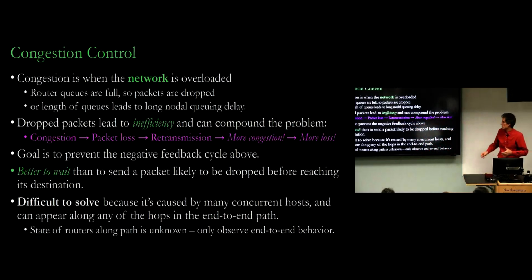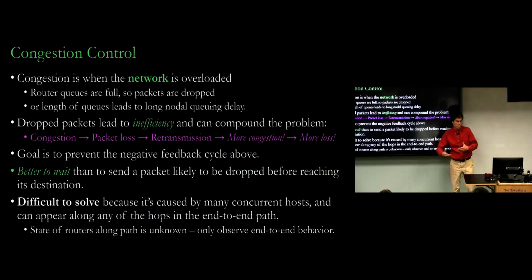If you have congestion, that by definition means you have packet loss. You have too much data on the network, so packets are dropped. TCP will react by retransmitting data, which means you have even more data on the network, more congestion, and more loss. So it's like a vicious feedback cycle.